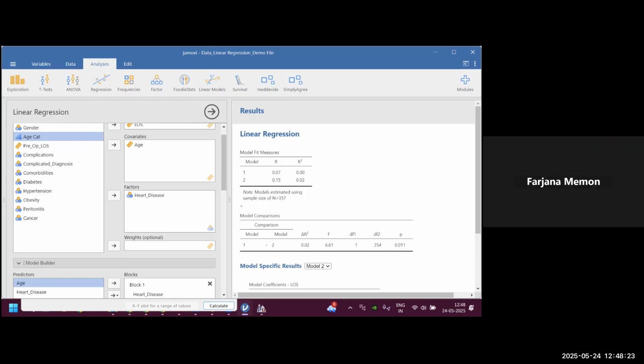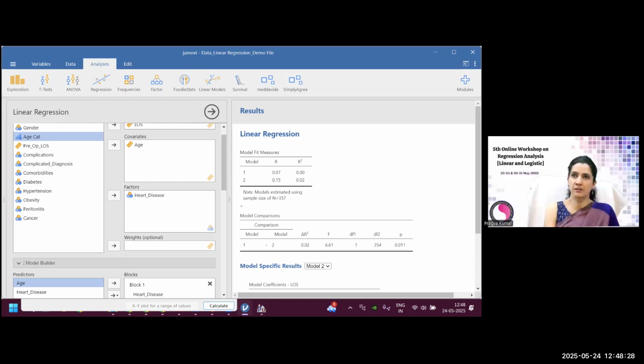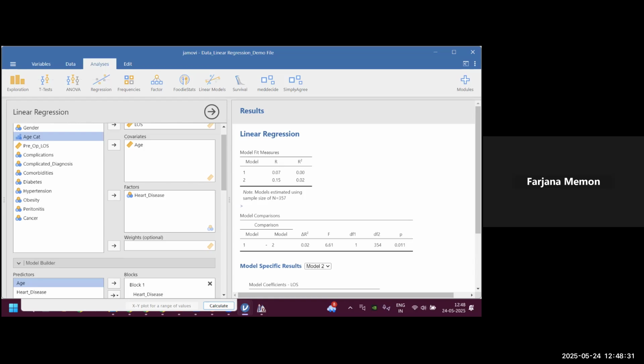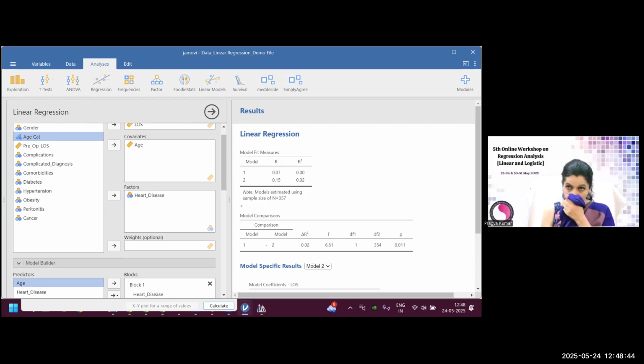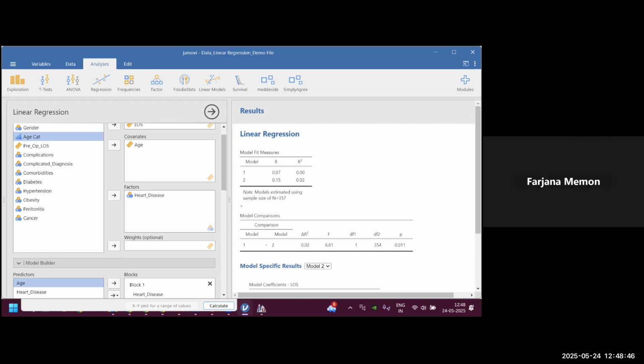Ma'am, I have one question regarding my PhD. In my study, one objective is to assess early childhood development, and I have used a total of four tools in that assessment. Now I have the data in my hand, and I am not very clear how I should do the analysis. For every tool there is a different manual for calculating the score and categorizing whether there is delay or not.